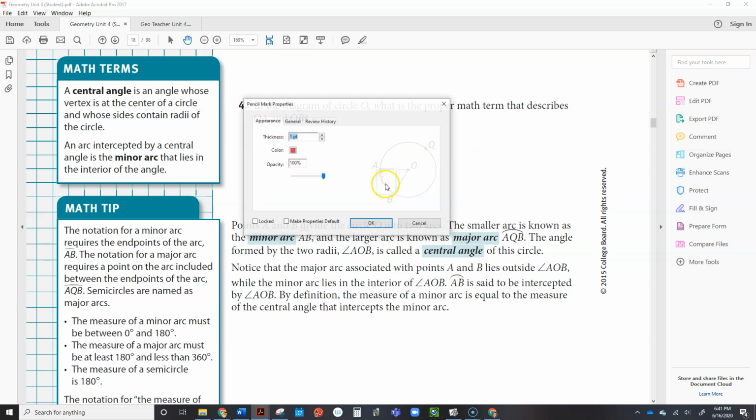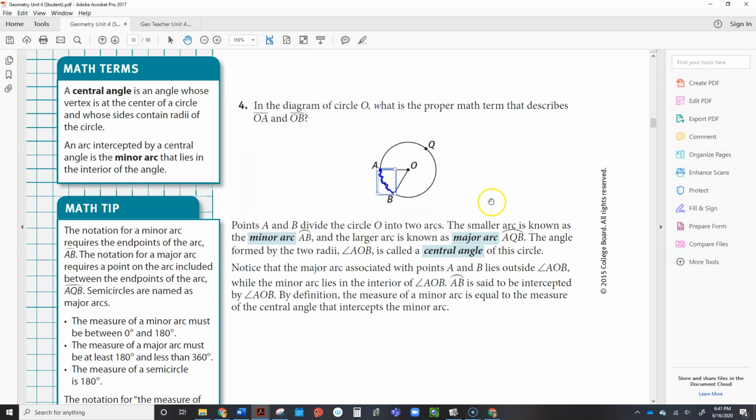Well, I thought it would be quick. Make that blue. And then we've got this piece of the circle that's between the points A and B.